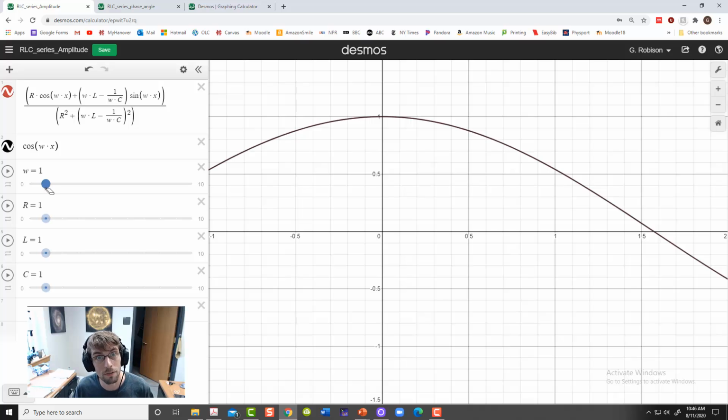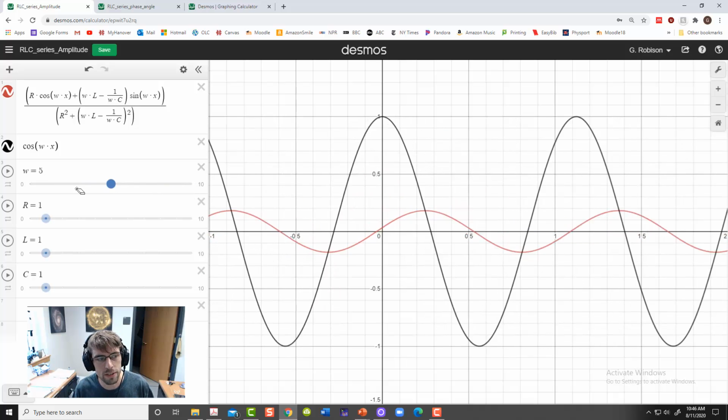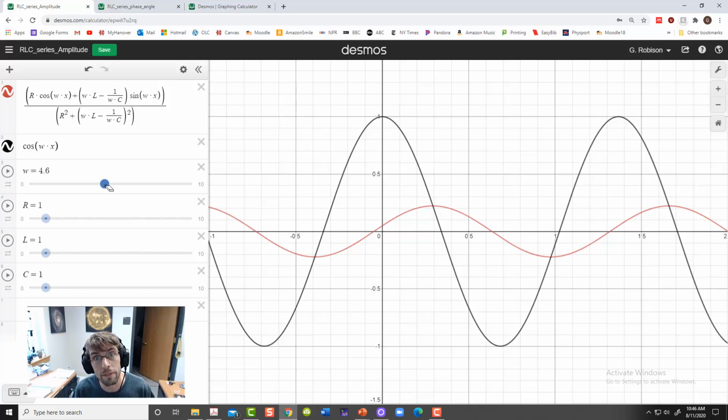The contribution of the capacitor and the inductor perfectly cancel. And when I say contribution, I should say the contribution to the imaginary component. So again, we can see not only an amplitude variation, but also a variation in the phase, how far shifted the resulting current is from the applied potential.